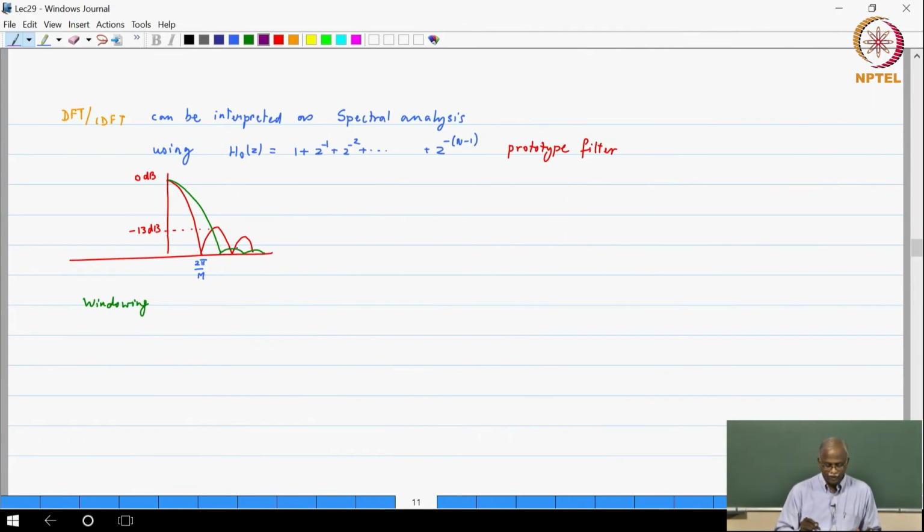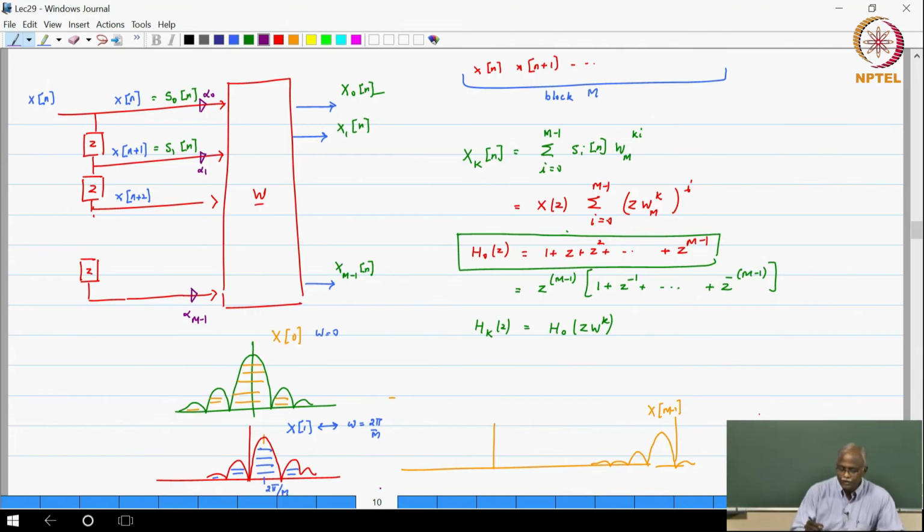avoiding spectral leakage. Now, if you say that I want to reduce spectral leakage and have better spectral resolution, then the only way is to expand the size of the DFT, and one way to do that without increasing the DFT matrix size itself is to replace these coefficients with the So, that would be a way to do the spectral analysis.